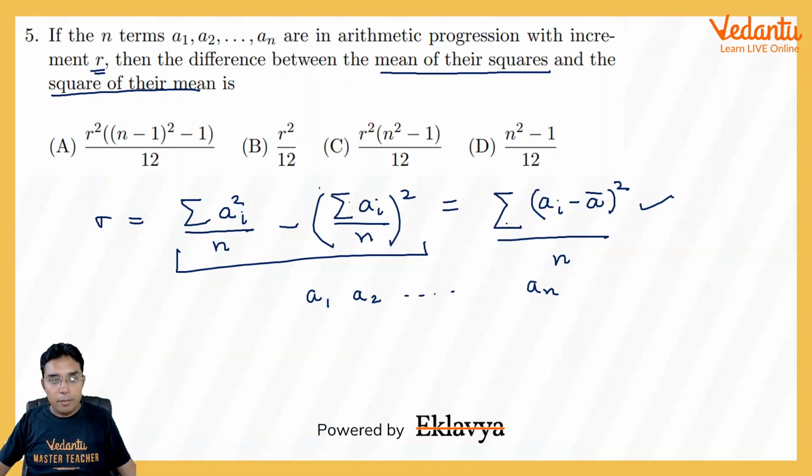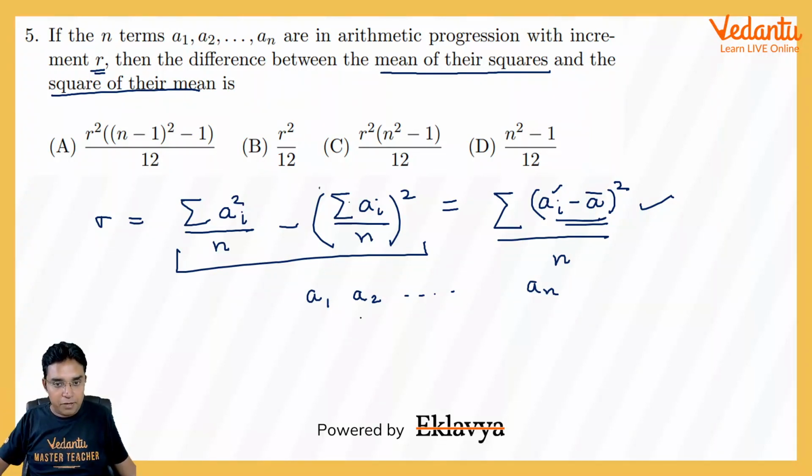Why is it so? Because if you reduce every data by the same number, your mean will also change by the same number. So every AI and A bar are reduced by the same number, and their difference will not change. So the variance is the same whether you find it for A1, A2, AN, or for another data obtained from these by subtracting a fixed number.